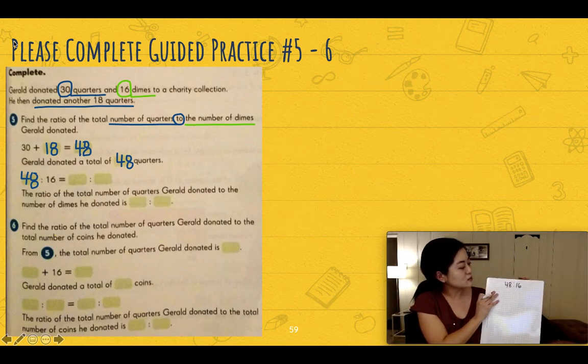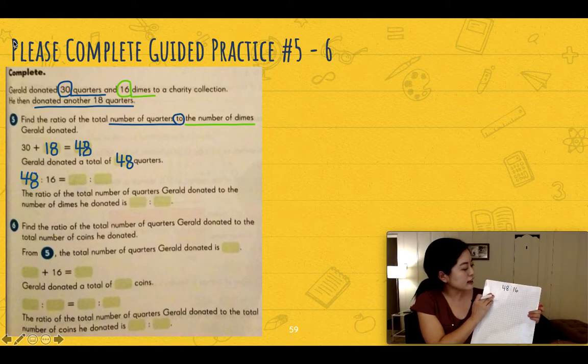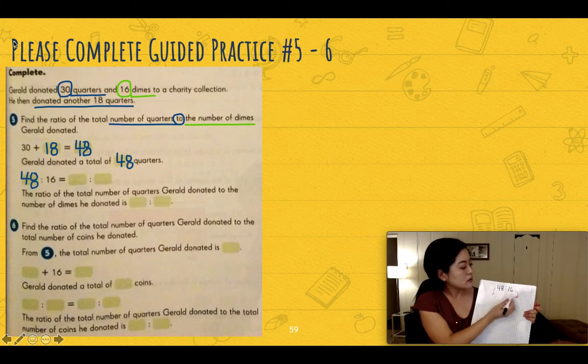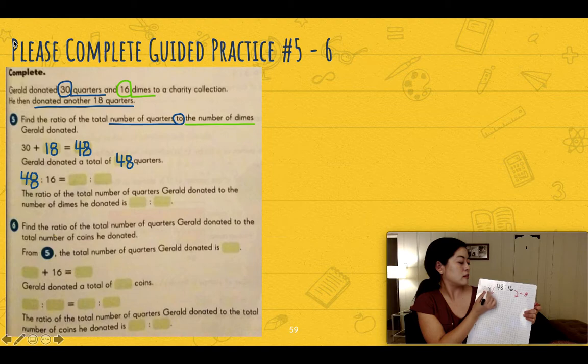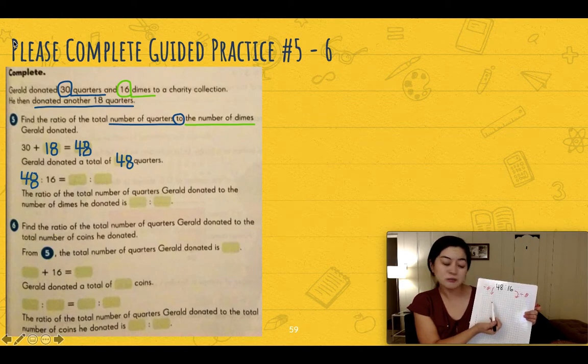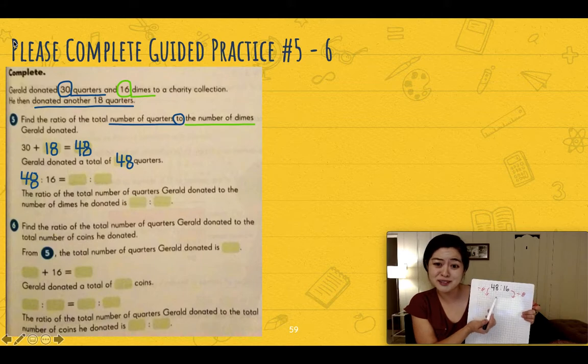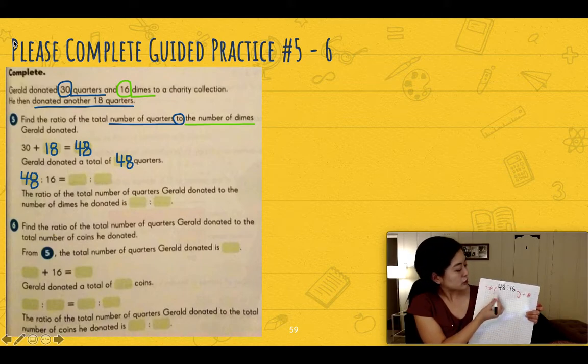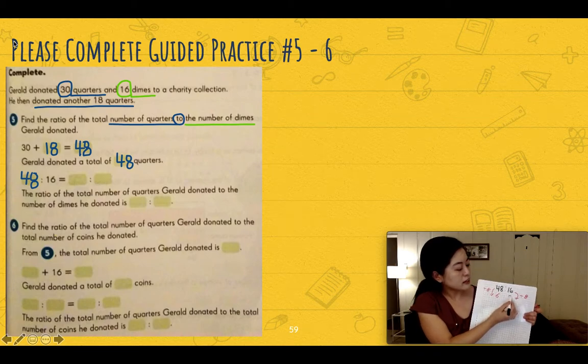Okay, so let's see. What's the common factor between 48 and 16? Well, immediately I see they can both be divided by 8. Of course, because they're both even, they can be divided by 2, right? But I see a bigger number than 2, so I'm going to go for that because maybe it'll save me a step. All right, so 48 divided by 8 is 6. 16 divided by 8 is 2.